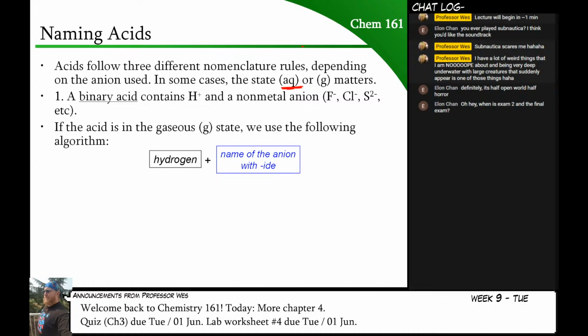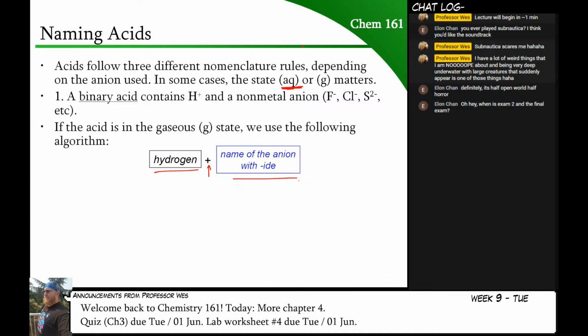First we're going to write the algorithm for gaseous acids. So if your acid is a gas, this is the algorithm that you use. You're going to write the word hydrogen. Then you're going to write a space. Then you're going to write the name of the anion with "ide" after it. And so we saw all the ides on Wednesday last week when we were discussing ionic compounds.